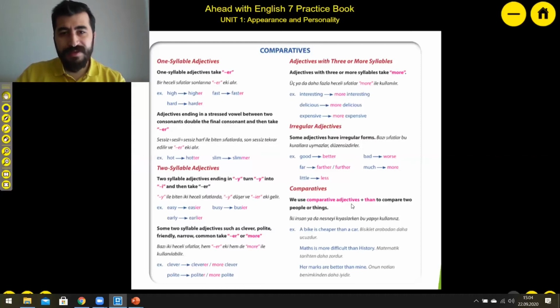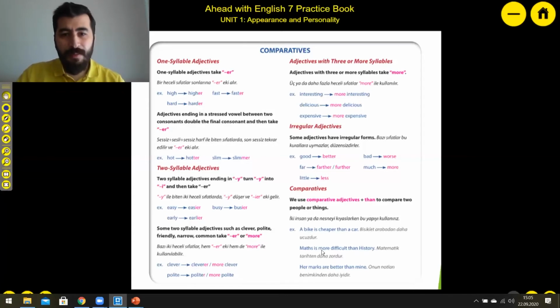Comparatives. We use comparative adjectives plus than to compare two people or things. Okay? Let's see some examples. A bike is cheaper, cheap. Once you say the short adjective cheap, we add er. Cheaper than. We don't forget than. A bike is cheaper than a car. Math is more difficult. Look at that. Difficult is a long adjective, so we don't say difficulter.